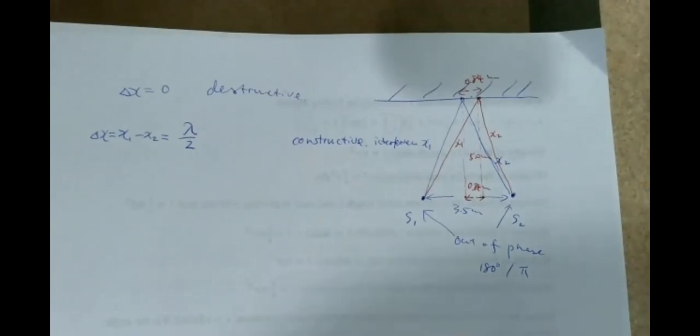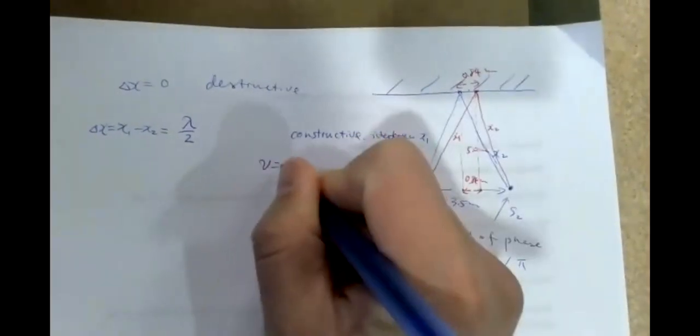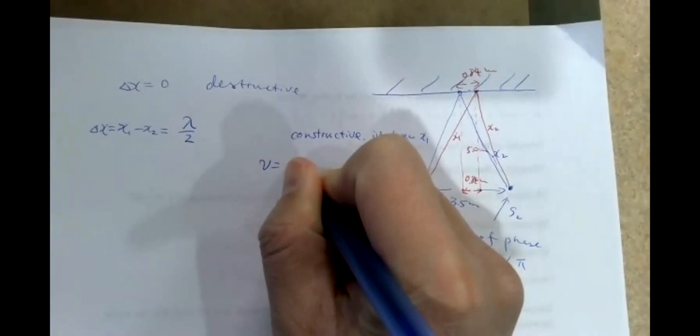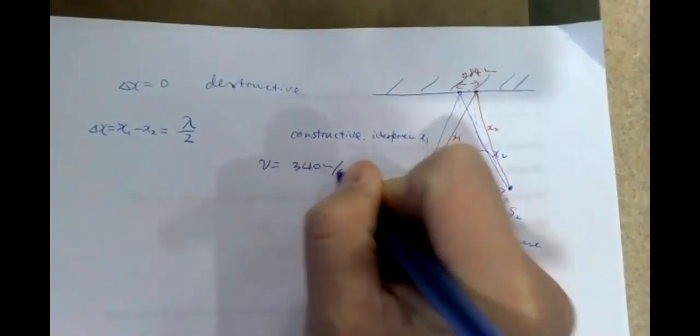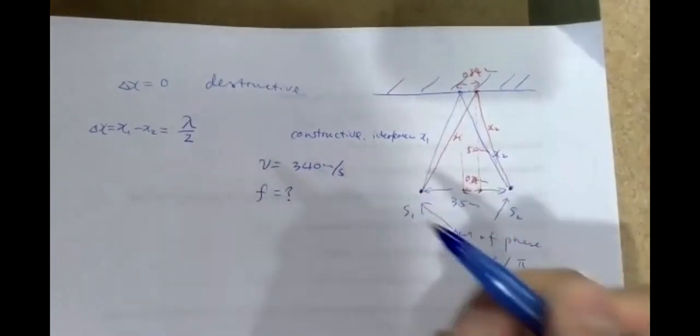So what will be the frequency? It tells us the speed of the sound wave as 340 meters per second, and then it asks us to find the frequency.